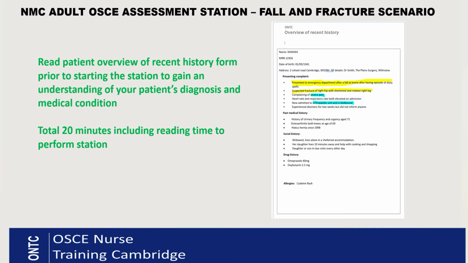Let's bring our first slide up. The assessment station is a 20-minute station, including the reading time, and you will be given a patient history form to read, as you can see on your screen. This doesn't belong to a specific patient, it's just for teaching purposes, to give you some idea what it looks like. I've highlighted some stuff on it, which shows what you can expect in the scenario: your patient had a fall and is in hospital now, so they are bed bound.